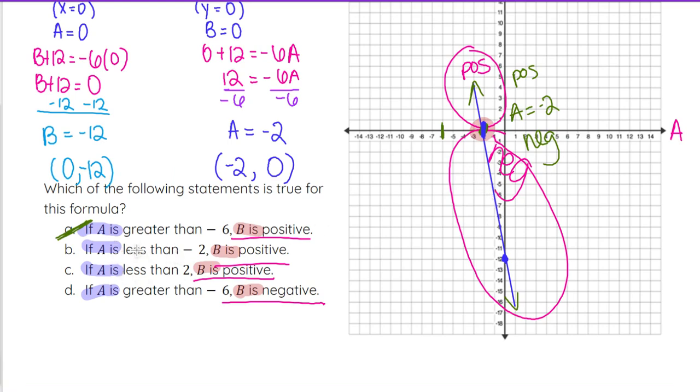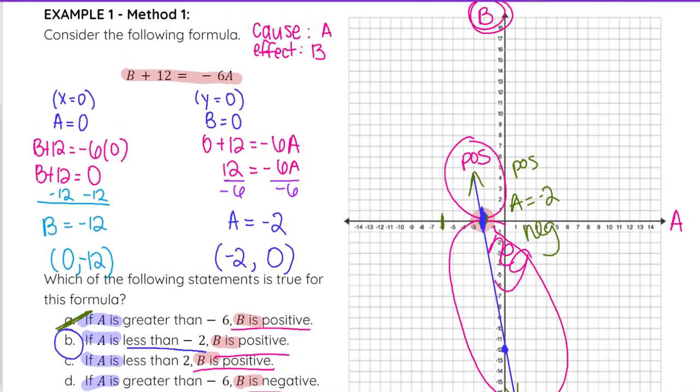So if A is less than -2, so less than -2 would be this direction. If I'm looking to the left, anything to the left of -2, notice that the line is going up and it will continue to go up forever. So those are all positive B values. So this is a true statement. Option B is true. If A is less than -2, if it's less than that turning point, meaning where it goes to the left of that -2, it's going up towards the positive B values.